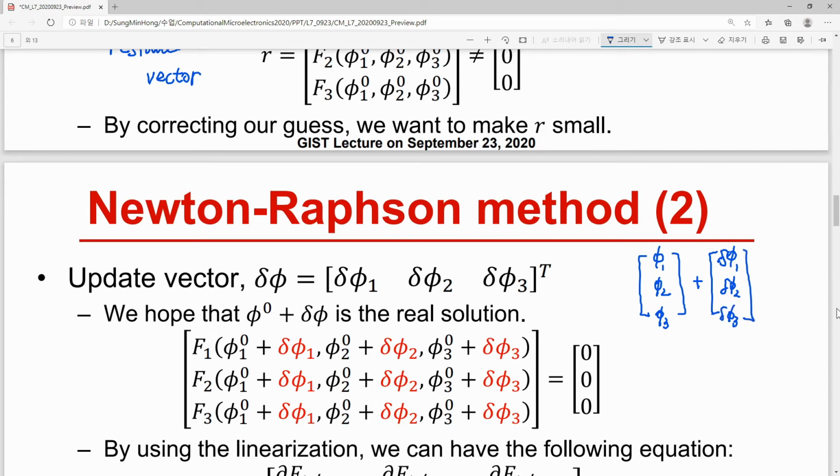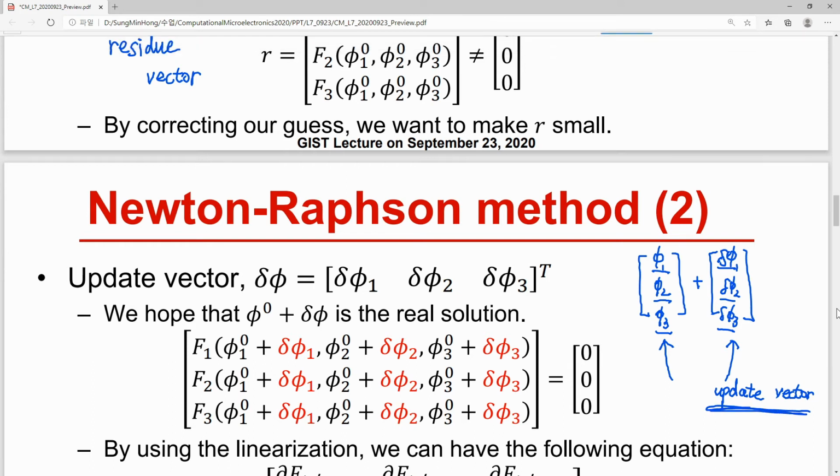Each of them should be corrected. So now this is the initial guess vector, and this is the correction vector, or more frequently the update vector. Then our goal is reduced to just calculating the update vector. What is the required update vector to improve our situation? That is now our goal.